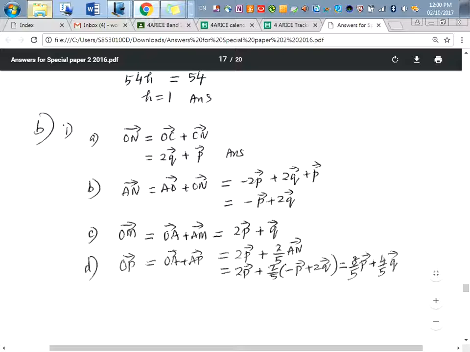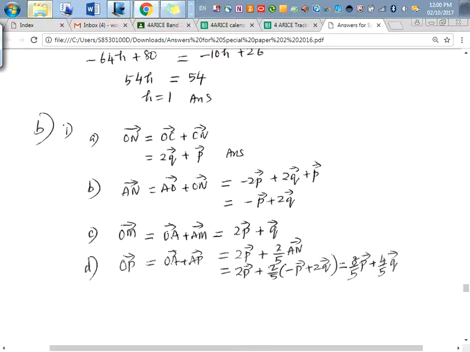Okay, so let's just go through the concepts first. I want to talk about B part 3. Numerical value of area APM over AOP.